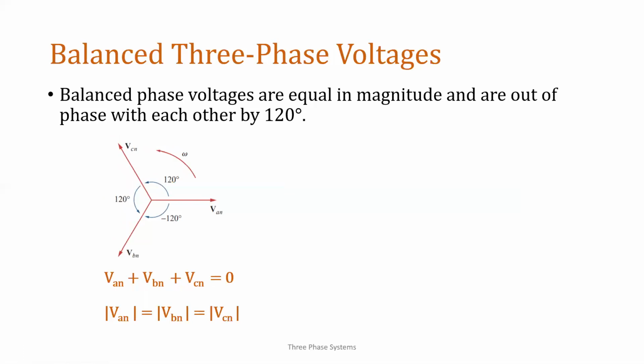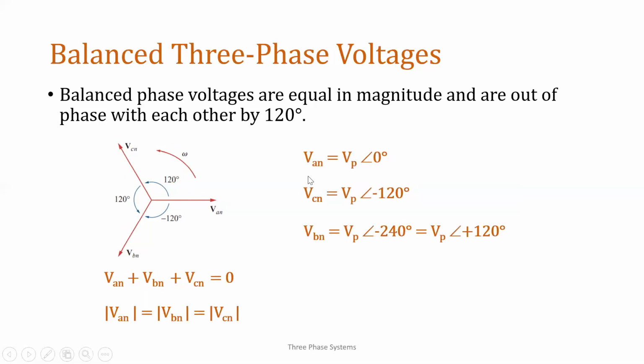Next, this one is almost the same as the previous slide, but the difference is we have a negative sequence. So the sequence rotates in the clockwise direction. We still have the same formula, but previously it was V sub BN and right now we have V sub CN, so they have different phase angles.